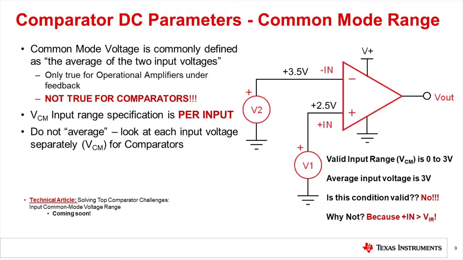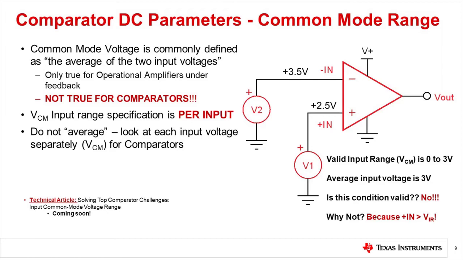For example, say you have a comparator valid input voltage range up to 3 volts, so from 0 to 3 volts. If the reference voltage is 2.5 volts and the input signal is 3.5 volts, you might expect that this combination is legal because the average between the two is 3 volts. But again, for comparators, this is not true.